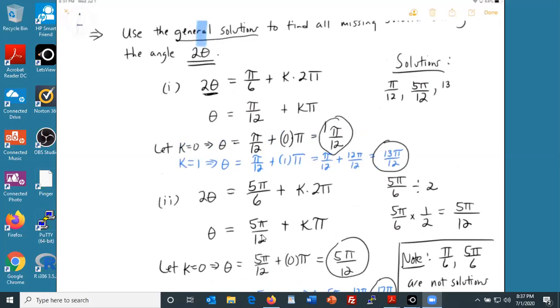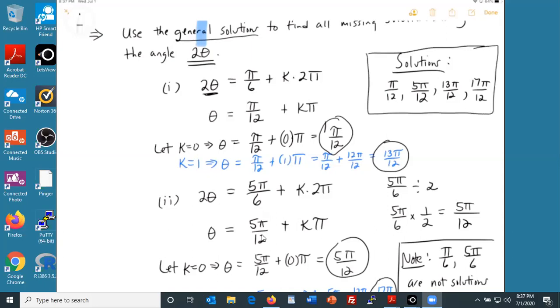Now the other answers here, like 13 pi over 12, just think about 13 over 12. It's 1 point something. So that's between 0 and 2 pi. And then 17 pi over 12, just think of 17 over 12. That's also 1 point something, just divided on the calculator without the pi, all right, just to see if they're between 0 and 2.